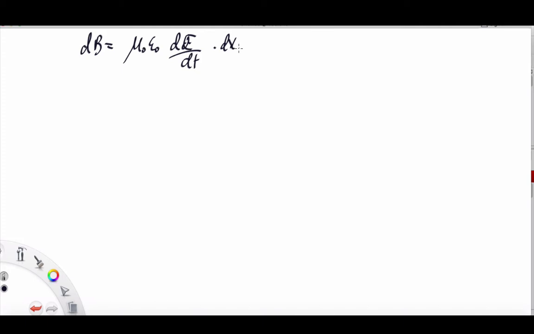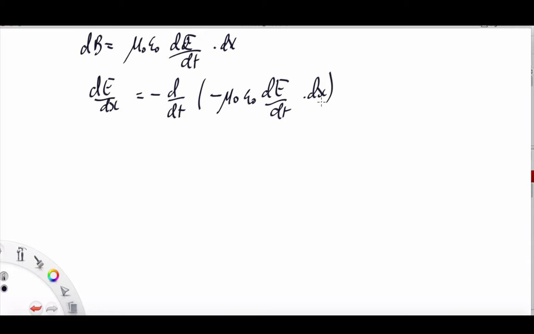Then let's take dE dx equals minus dB dt, and differentiate with respect to x, which gives minus d dt of dB, that is minus mu naught epsilon naught dE dt times dx. So then we get d2E dx squared, by dividing by dx, is just mu naught epsilon naught d2E dt squared. And that is a wave equation.